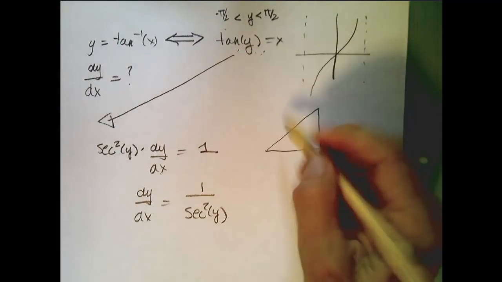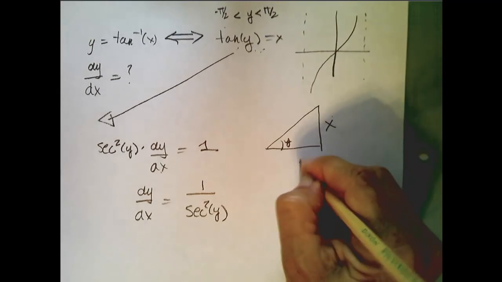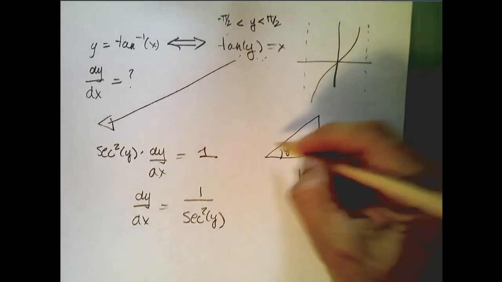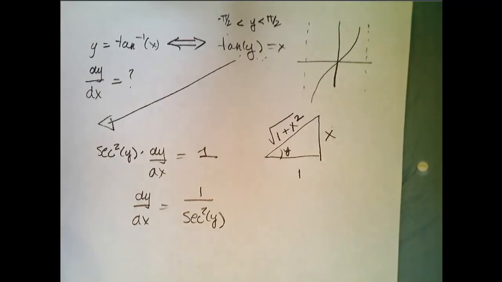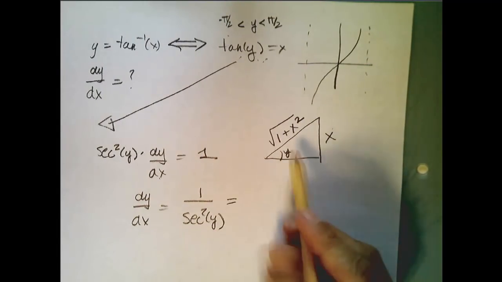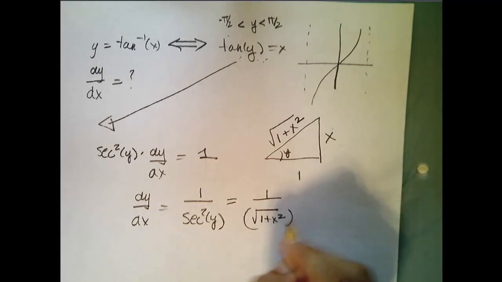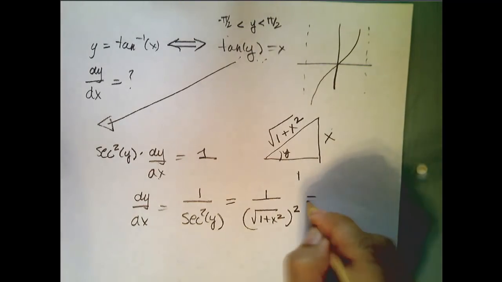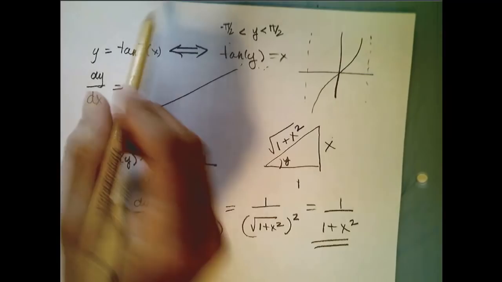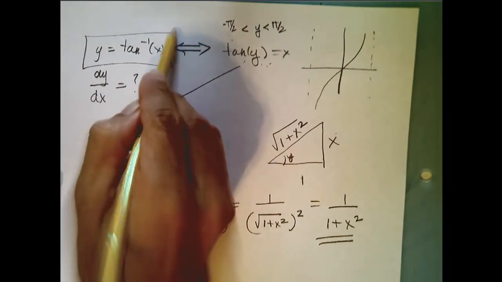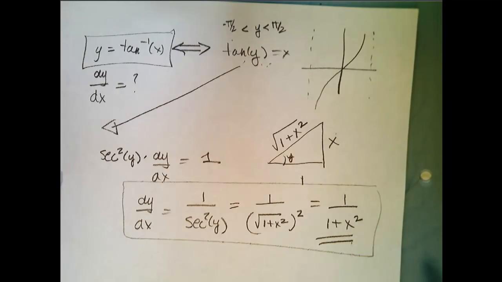So tangent of y, here's my y, is equal to opposite over adjacent, so x over 1, which means the hypotenuse is the square root of 1 plus x squared. So this becomes 1 over the square root of 1 plus x squared, squared, or 1 over 1 plus x squared. So if y equals tangent inverse of x, then dy/dx is equal to 1 over 1 plus x squared.